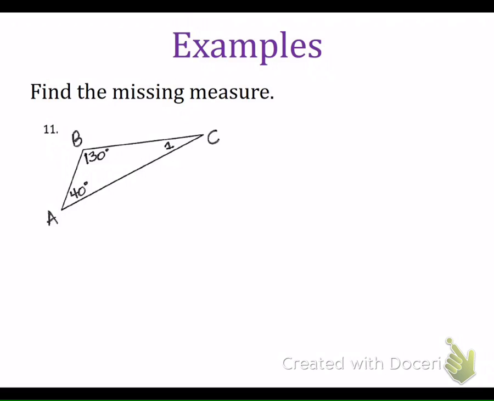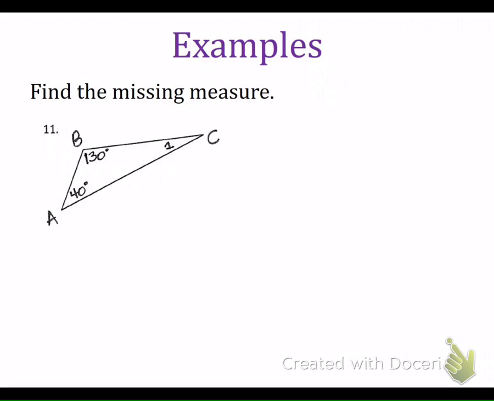All right, am I looking at an interior angle or an exterior angle? This is back to interior. So this is more like what we did at the beginning. So what am I going to do now? 80 plus 90. So when you add them, you get 170.